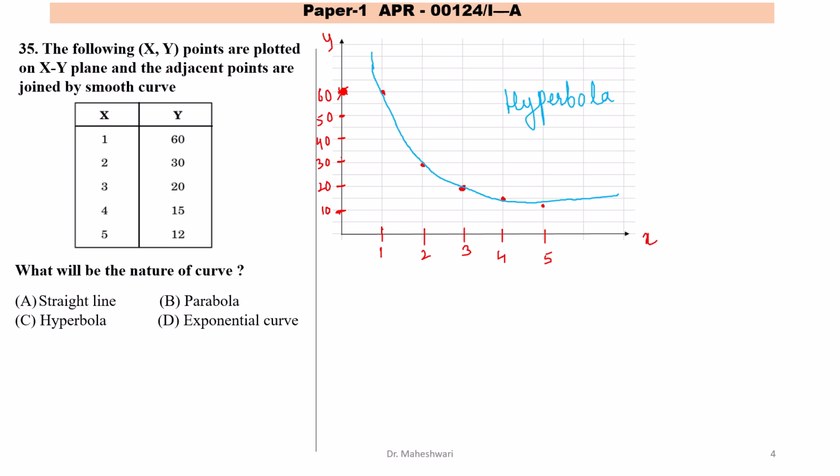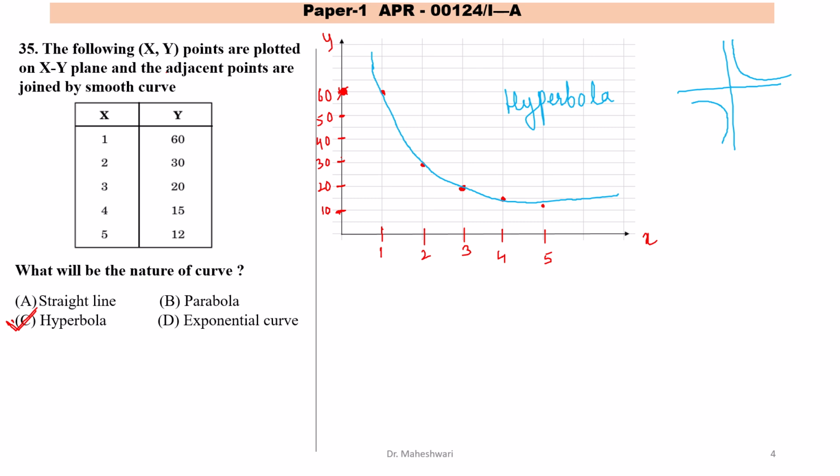This may be in this way if xy is positive, or in negative we can show it in this fashion. For example, these are your quadrants. So for the x and y plane, in the positive quadrant you will get it like this, and for the negative quadrant you may get it like this. So these are hyperbolas. So the answer for today's question which they asked is option C.